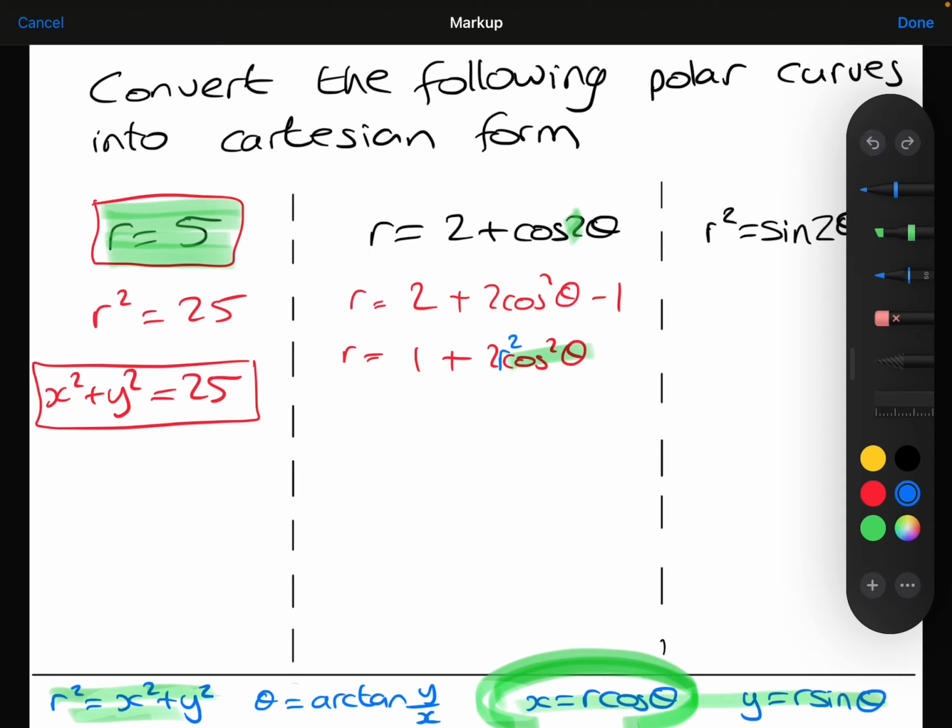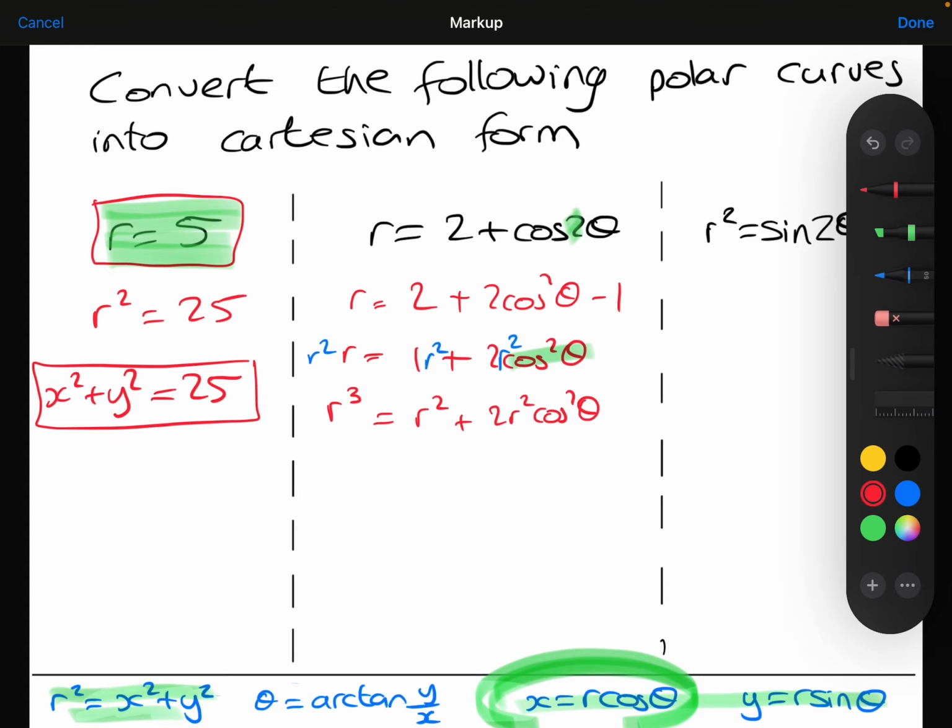So the only way I could get an r squared there is if I multiplied both sides by r squared. So that would give me r cubed equals r squared plus 2r squared cos squared, which now I can change a few things here.